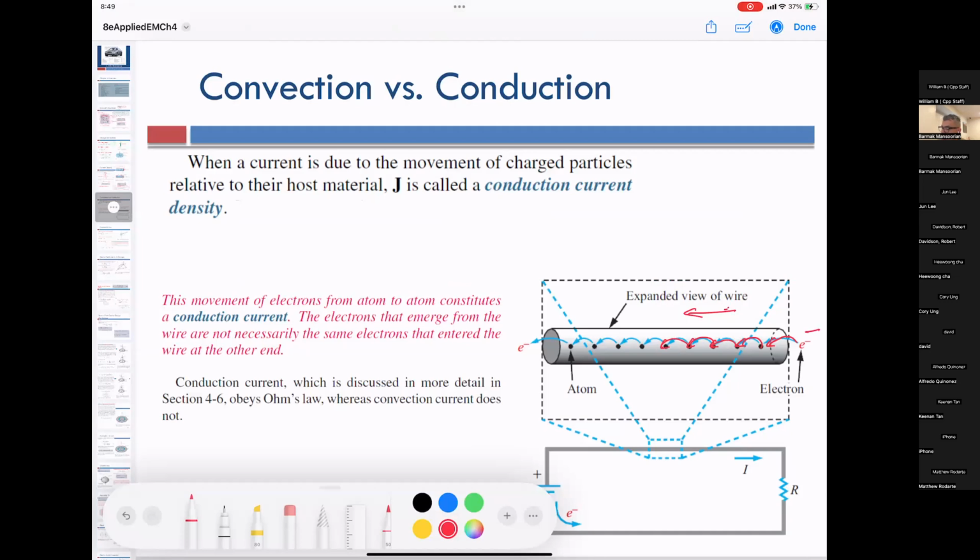So the electron that goes in one end of the wire for that unit of time isn't necessarily the electron that's popping out of the other end. It's the sum total of electrons going into any space with respect to all the electrons popping out of the other end that's called the current.